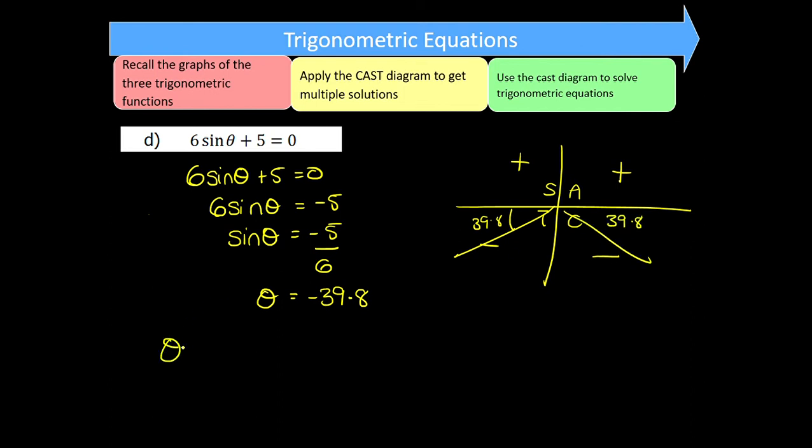So your solutions, if we are going between 0 and 360, your solutions should be 180 plus 39.8 and 360 minus 39.8.